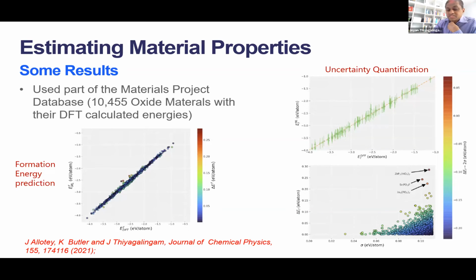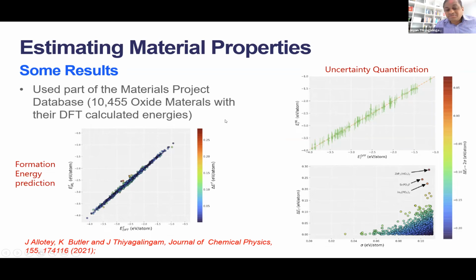I think the results are very good compared to other work, and this is one of the leading pieces of work in that particular domain. The uncertainty quantification is very acceptable, and so is the formation energy prediction. I'm sure some of you might understand this much better than I do. Between the DFT calculated version and our version, you can see the results are reasonably good.